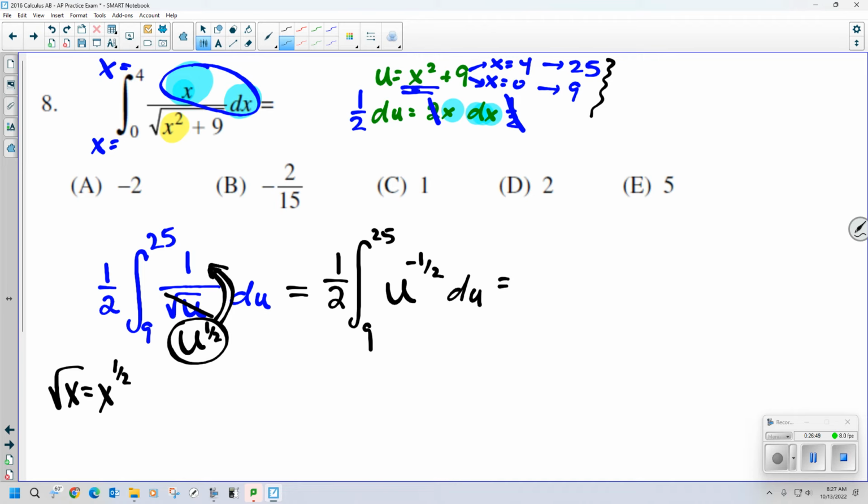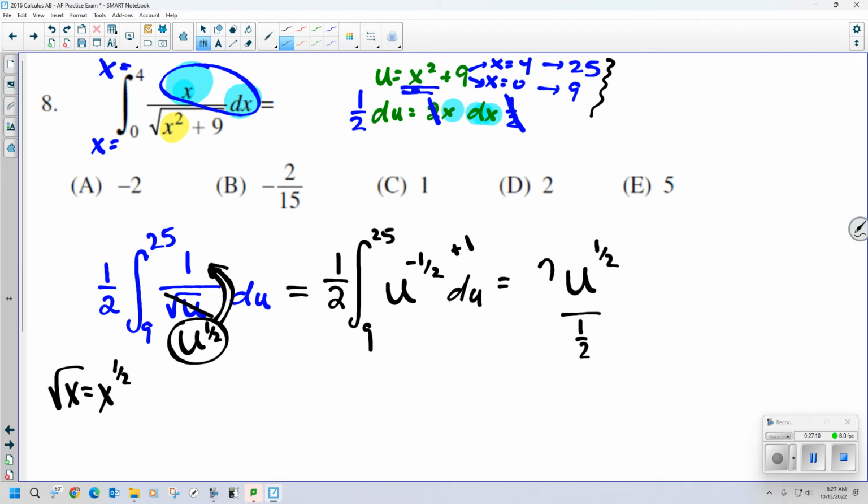Let's integrate this thing. It's the opposite of the power rule and the opposite order. First, I add 1 to the exponent. So my u has a negative 1/2, I'm going to add 1. That will be a positive 1/2. Then I divide by that exponent. Dividing by a fraction is the same thing as multiplying by the reciprocal.